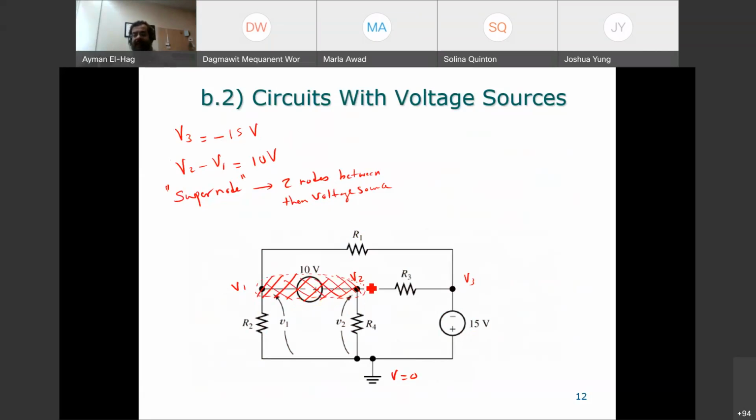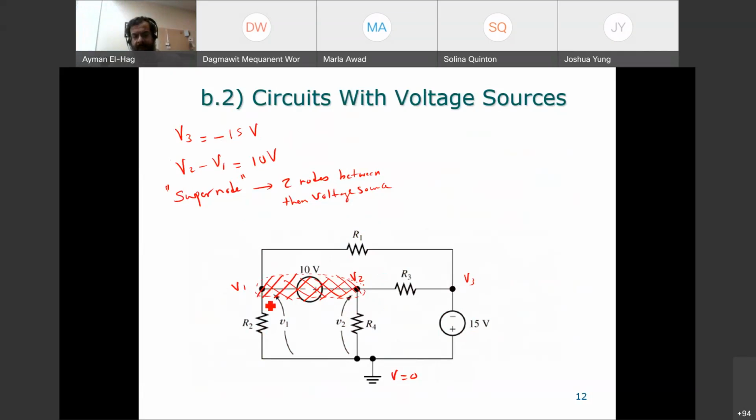I will not care about what happens between V1 and V2, because now in my mind V1 and V2 become a bigger node, but we keep V1 and V2 as they are. They are not the same voltage, they are different voltages. And we have seen this: V2 minus V1 is equal to 10 volts, so it's not the same voltage. So I will look at the branches connected to V1 and V2, but not in between.